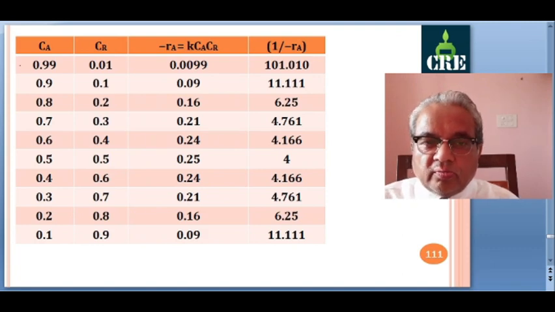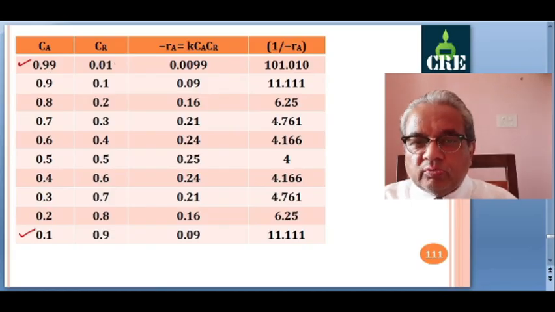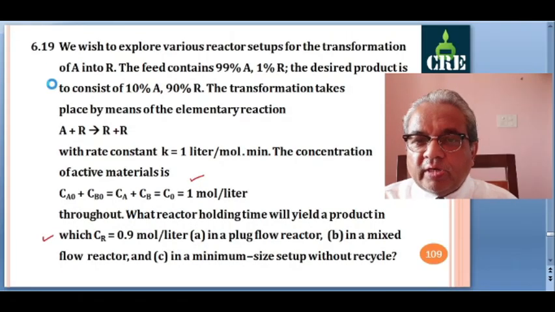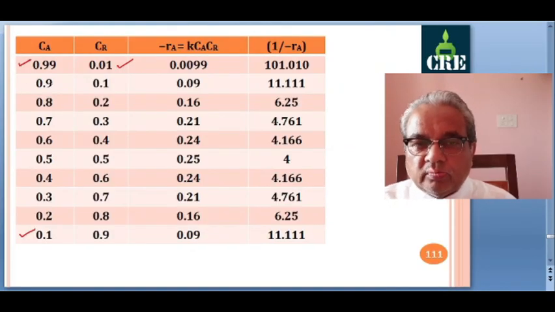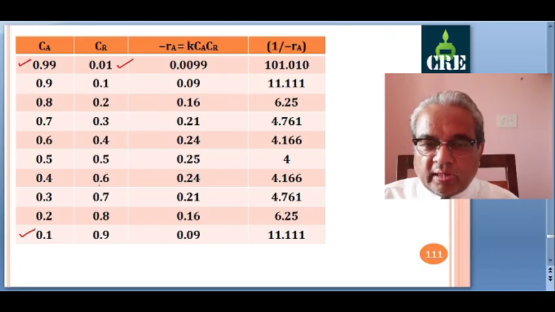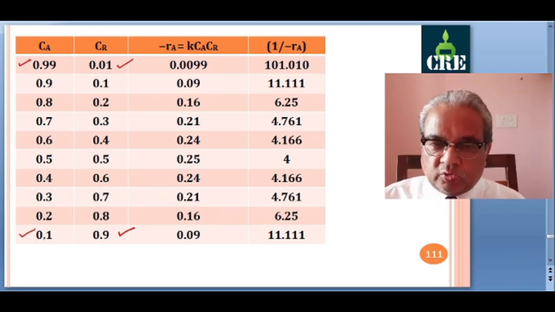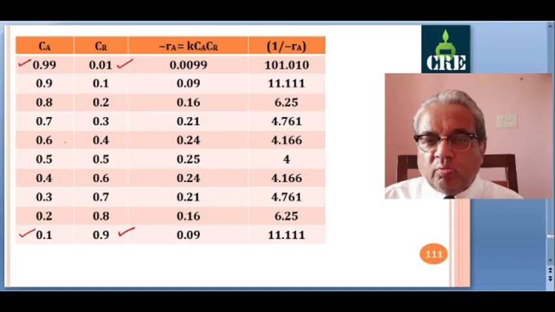We start from Ca equal to 0.99 and end with Ca equal to 0.1. The total is 1, so Cr is just found by difference. Initially there is Cr, and that is 1%, so it is 0.01 moles per liter. And finally Ca leaving is 0.1, so Cr will be 0.9. The total anywhere should be 1, that is C0.